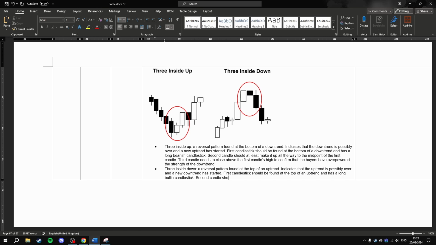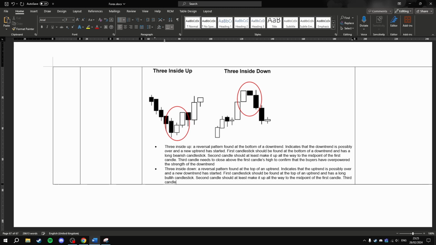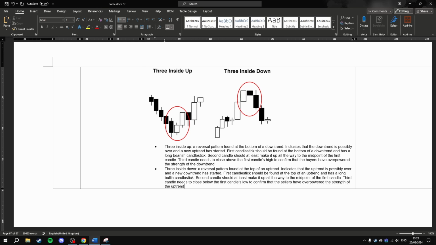The second candle should at least make it down to the midpoint of the first candle. The third candle needs to close below the first candle's low to confirm that the sellers have overpowered the strength of the uptrend.